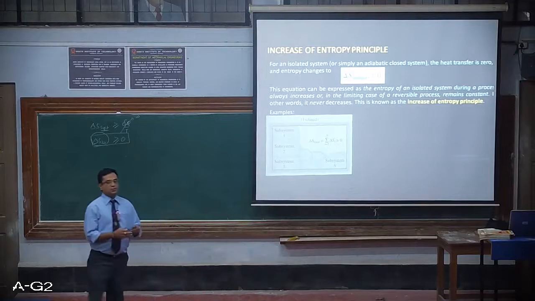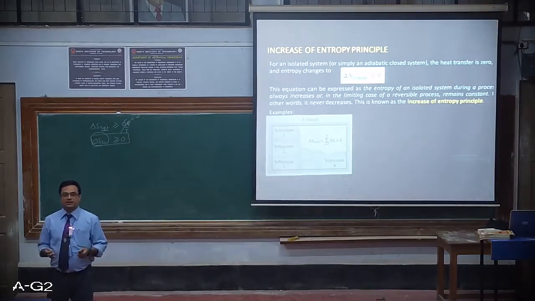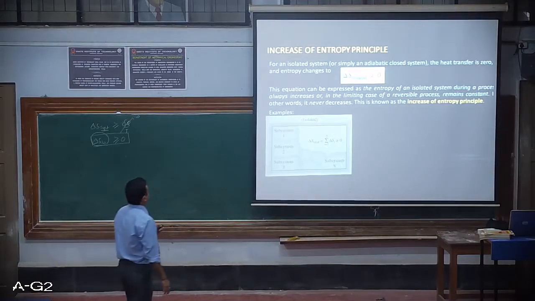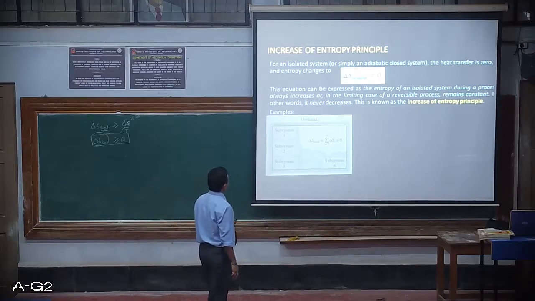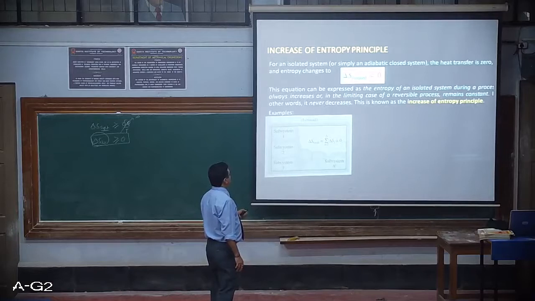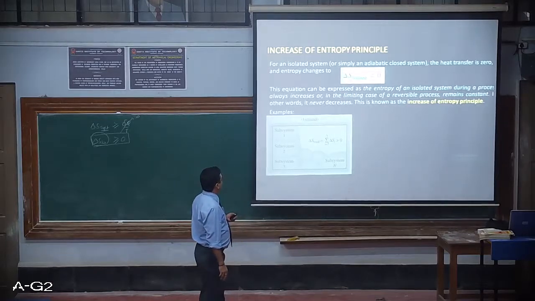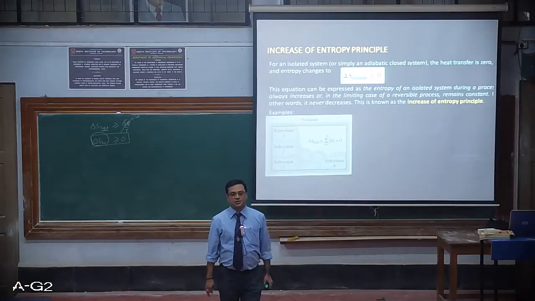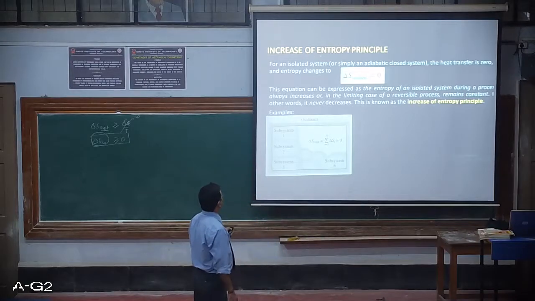That means there is no interaction of energy to or from the system, whereas there are subsystems inside this isolated system. Hence, the total entropy of all the systems leads to the entropy of an isolated system and is always greater than 0. That is the meaning of increase of entropy principle.